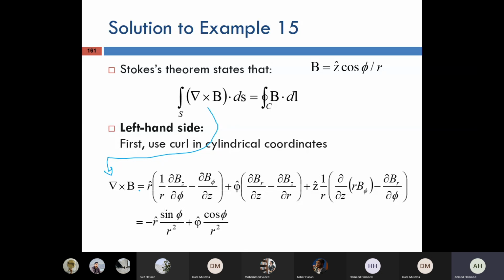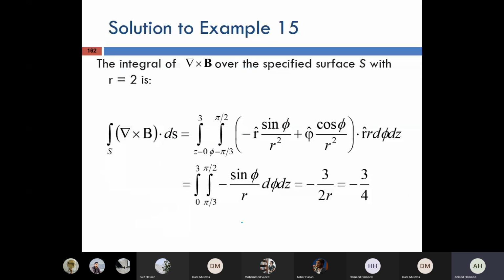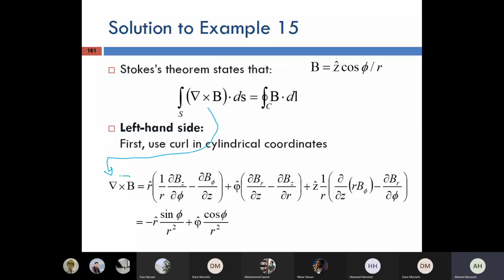The curl function. You write it, then distribute to find delta cross B. I think you can do it on your own later. You have to differentiate based on phi, then based on z, then between z, r, and z and phi, one by one.